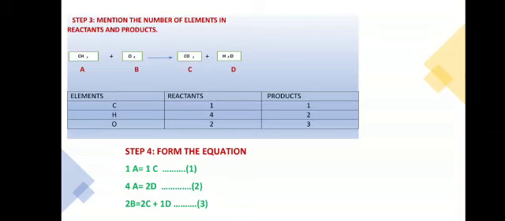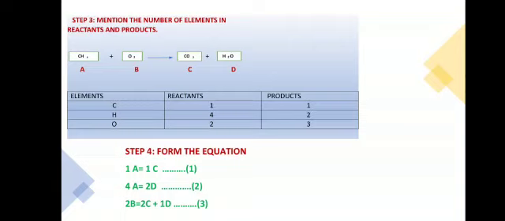That means carbon dioxide has 2 oxygen, and in the water we can see 1 is there. So in carbon dioxide what is the alphabet? C. And with the water what is the alphabet? D. So we can write 2B, that means 2 reactant, gives 2C plus 1D.